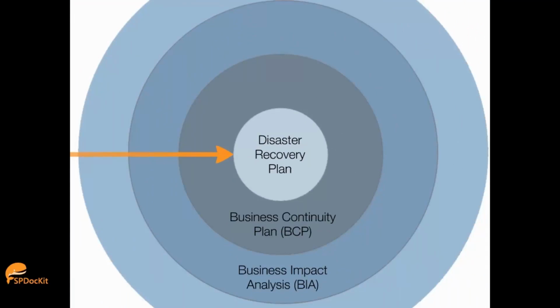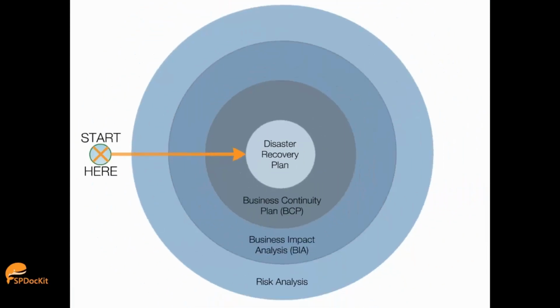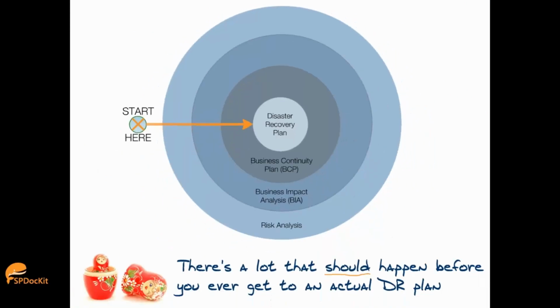And to do a business impact analysis, really one needs to first conduct a risk analysis. And so as you can see, as you start to tackle this process, you actually start on the outside and work your way in. The disaster recovery plan is one of the last things you're going to come to. There's a lot that should happen before you ever actually get to writing a DR plan. And if these things aren't happening, it sometimes results in the creation of a DR plan that isn't appropriate for SharePoint or our own environment.